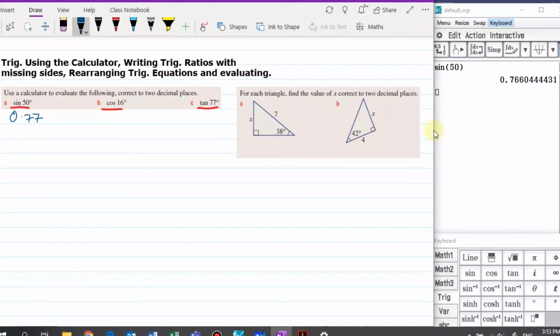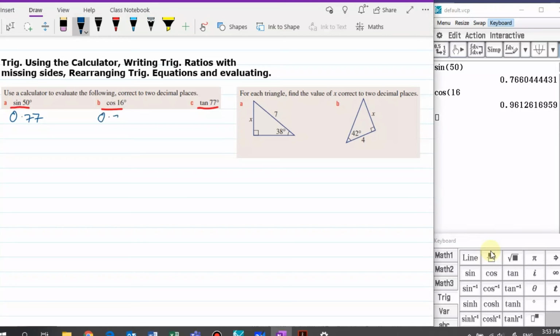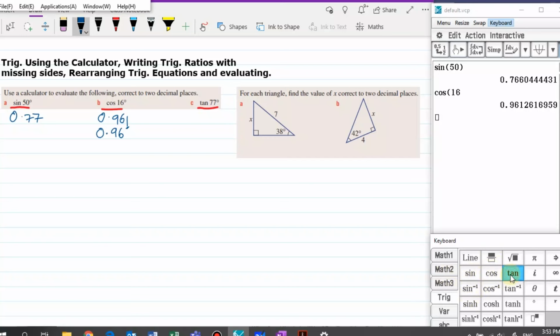Okay, next one, go down, give it a cosine of 16, enter, and we get 0.961. That is not going to round up, the 1 is below 5, so we're going to leave it at 0.96. And lastly, we're going to use our tangent and plug in tangent of 77.